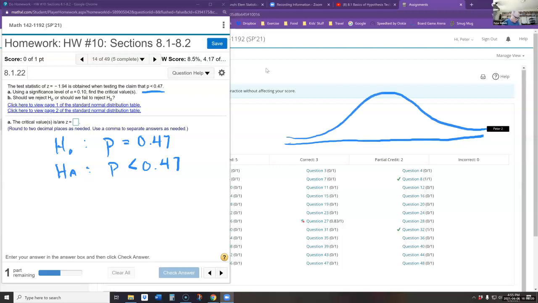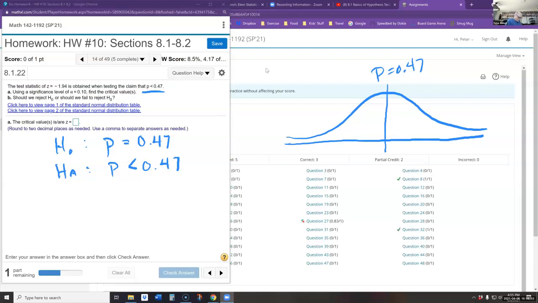If we try to visualize that, we have a distribution in which we are assuming the null hypothesis, that p is equal to 0.47. Then we try to determine if our sample results are low enough, since our claim is below 0.47, for me to conclude that I should reject the assumption that it's equal to 0.47.